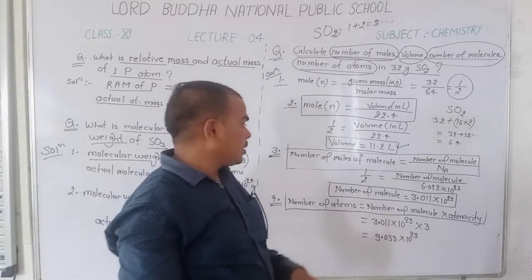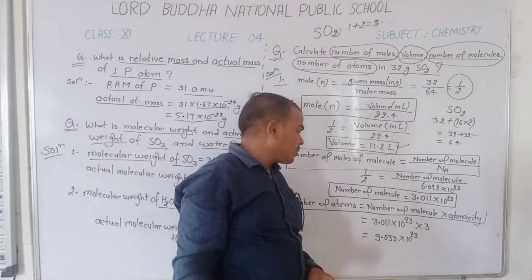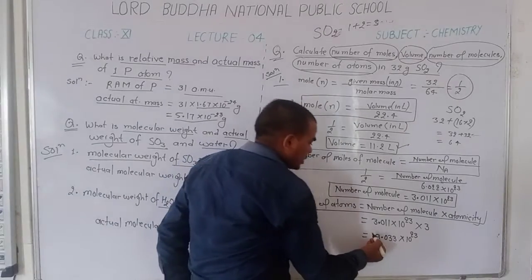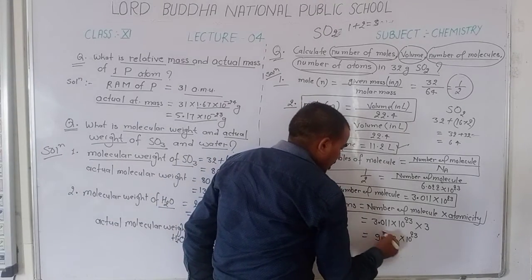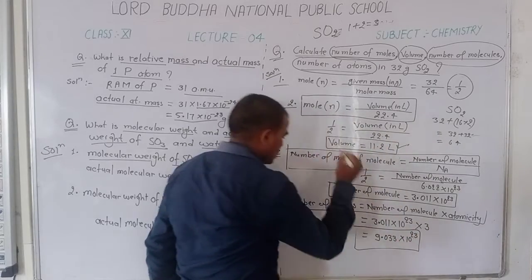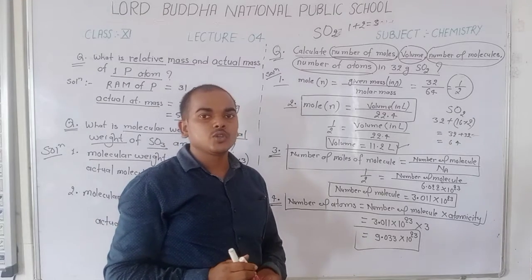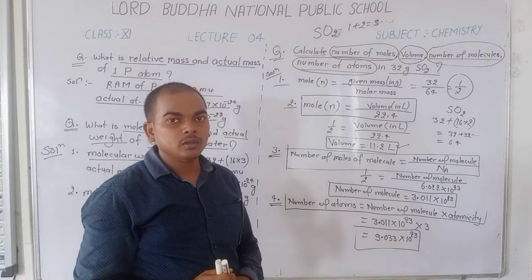By putting the value of atomicity, we find 9.033 into 10 power 23 atoms of sulfur dioxide present in the 32 gram sample.